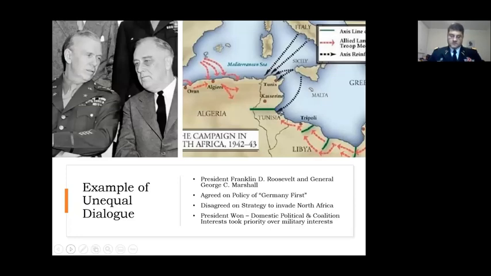The best case is from World War II. For the United States, the political leader was President Franklin D. Roosevelt. And the most famous Army general and his advisor was General George Marshall. After the attack on Pearl Harbor, the United States entered the war and agreed upon a firm policy of Germany first, despite being attacked by Japan.